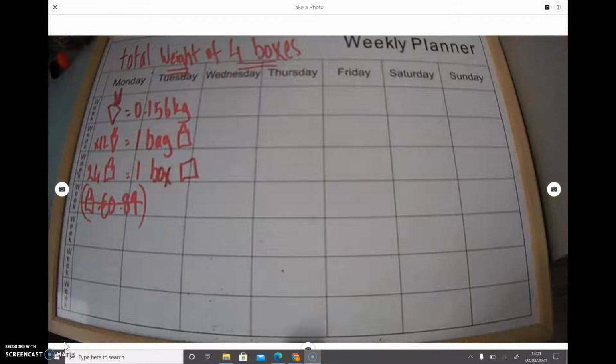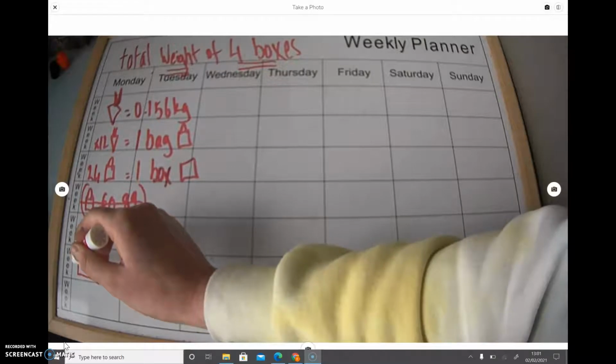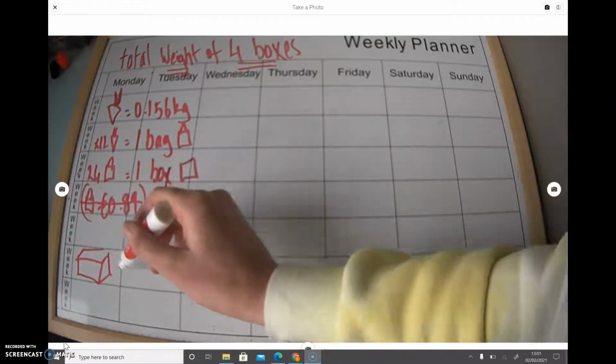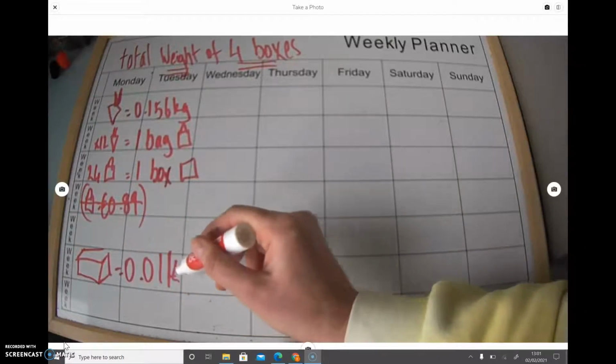There was one piece of information at the beginning of the question that is going to be important. Each box weighs 0.01 kilograms when empty. So the empty box with no carrots in it weighs 0.01 kg.